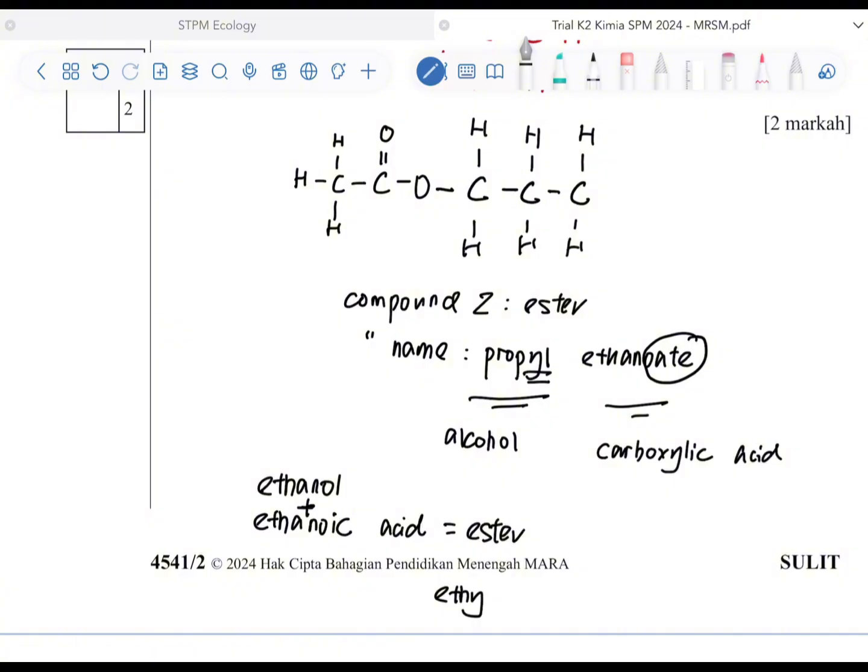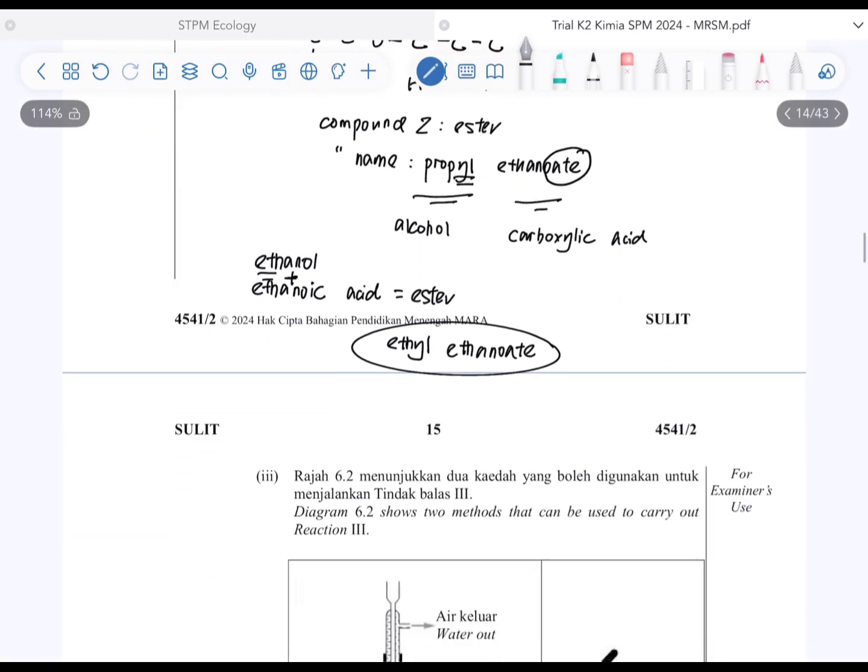So the naming will be ethyl. Copy down the prefix in front and then end it with YL. Lastly, copy down the name for the carboxylic acid, ethane, and then at the back you substitute it with NOATE. So the naming will be ethyl ethanoate.